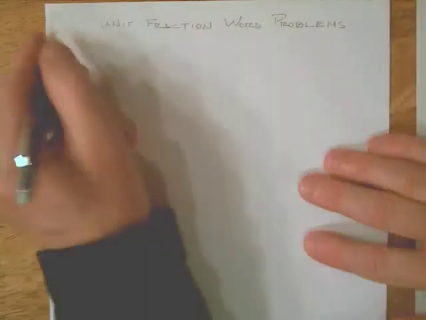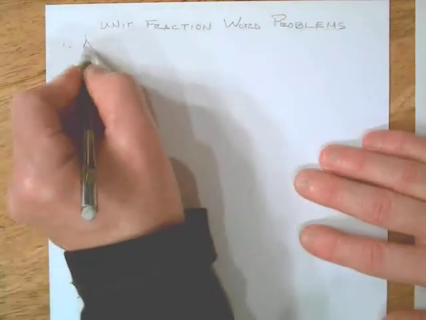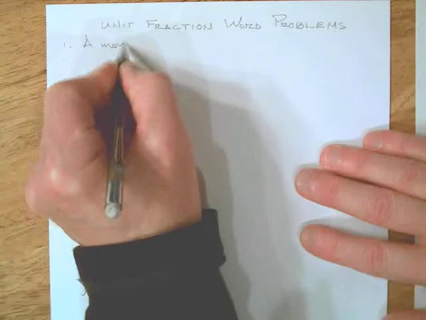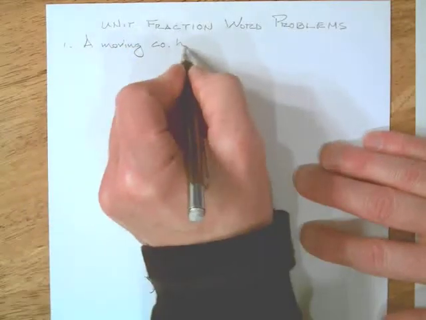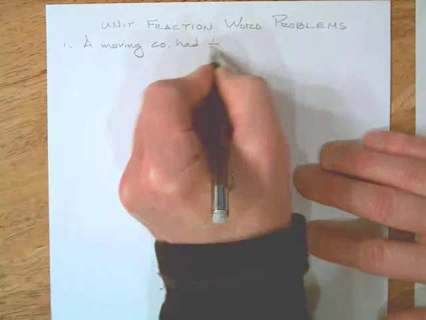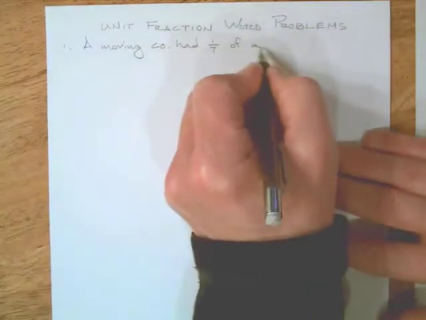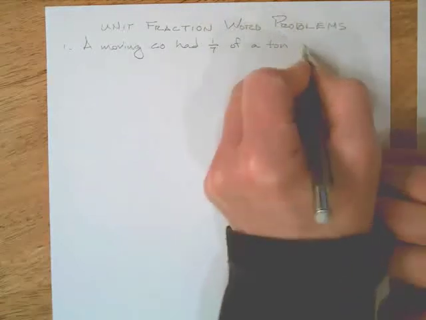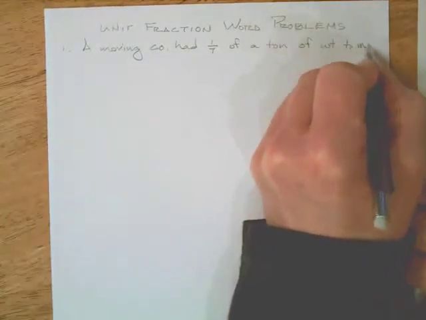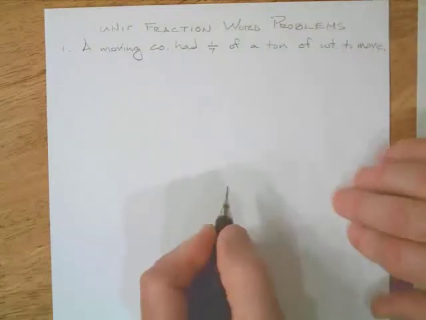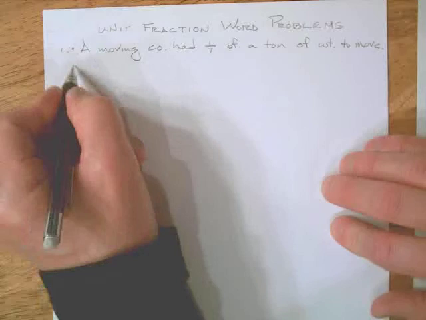So the first problem, problem number one, I'm going to write kind of small here, and I'm going to abbreviate some of this. A moving company, I'll abbreviate company CO, had 1/7 of a ton of weight to move. Okay, and I'll put a little bullet here.